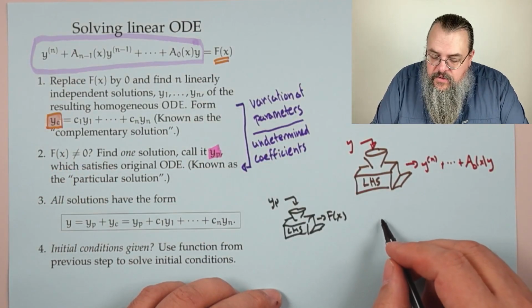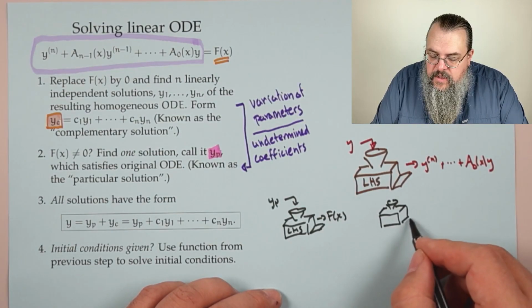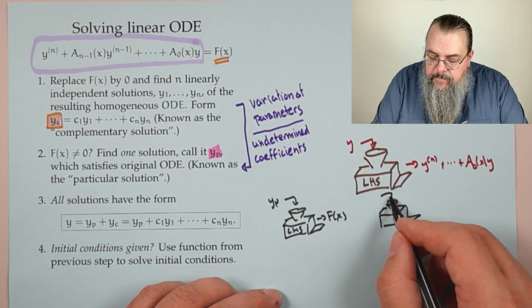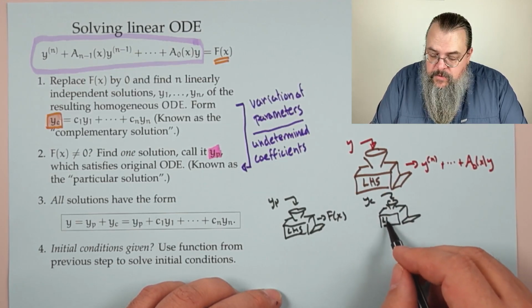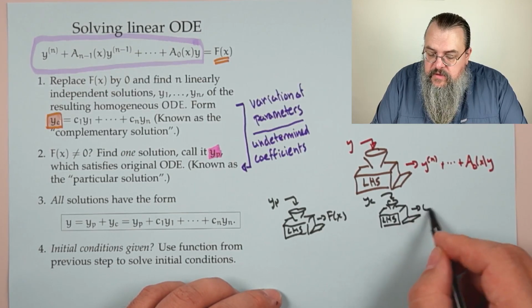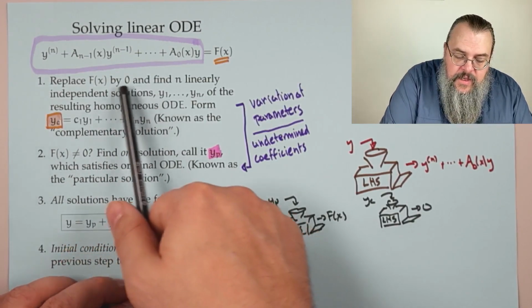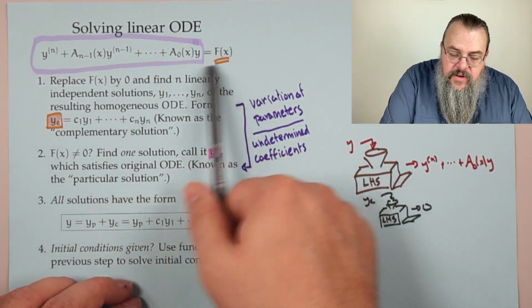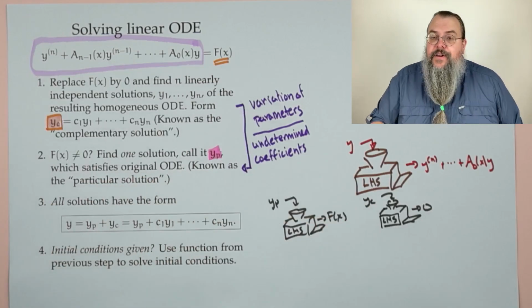We also know what's happening when you plug in the y sub c. What comes out? The answer is 0. Because the way we found y sub c is we made that 0, and we asked, what, when we plug it in, gives us 0?